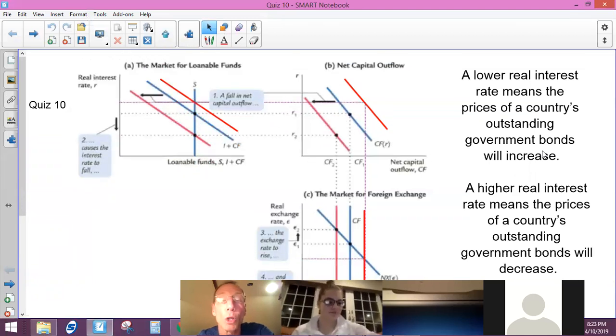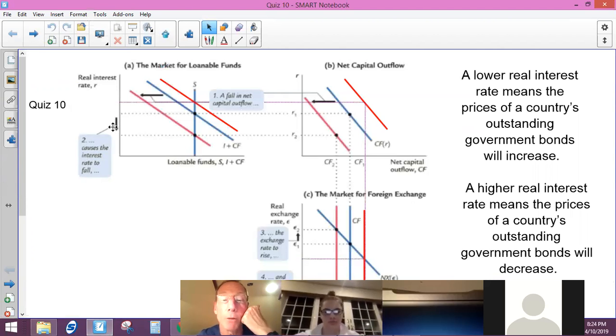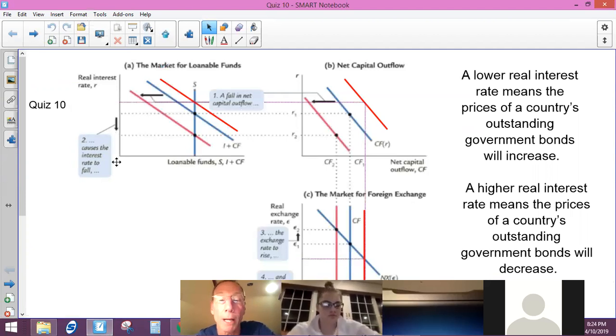What this graph right here shows is what happens when there's a shift in net capital outflow, right? So when net capital outflow goes down, then it shifts down. See number one right here? A fall in capital outflow means that the interest rates will drop, right? And if real interest rates drop, that's going to mean bond prices go up, right?